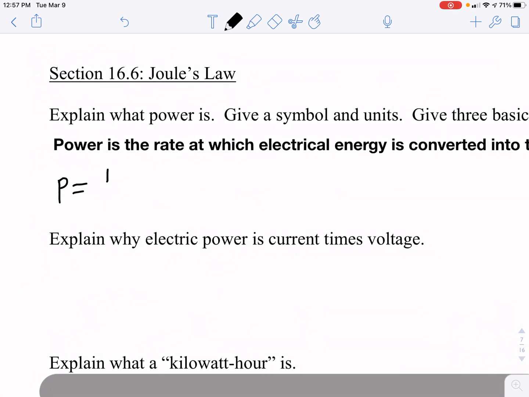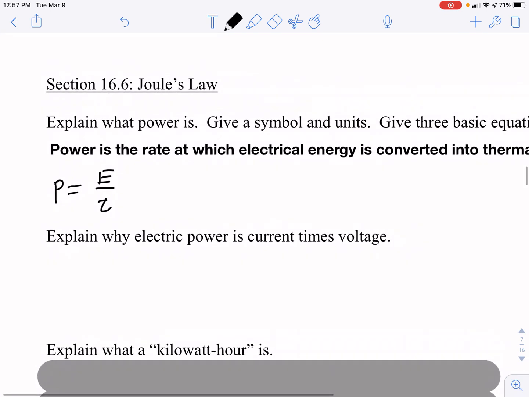Power is equal to energy divided by time. It is the rate of energy transformed or delivered to a particular device and transformed into thermal energy. But there are 3 electrical power formulas that we can use as well. And we will derive all 3 of these in class.